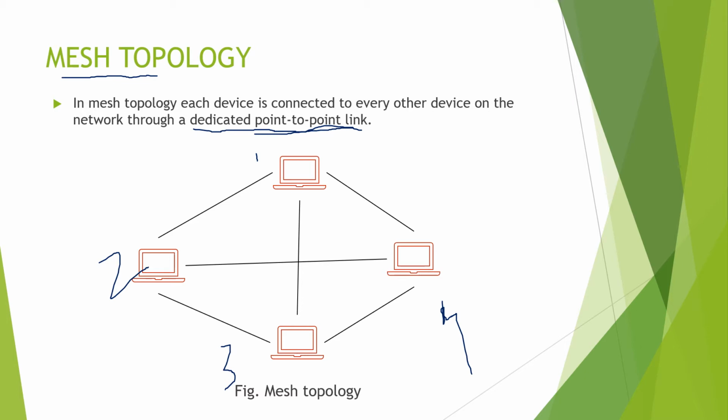Device 1 is connected to 2, 3 and 4, as well as 2 is connected to 1, 3, 4. Also 3 is connected to 1, 2, 4, and 4 is connected to 1, 2, 3. This is dedicated point-to-point communication, where each device is connected to the other devices, which is mesh topology.